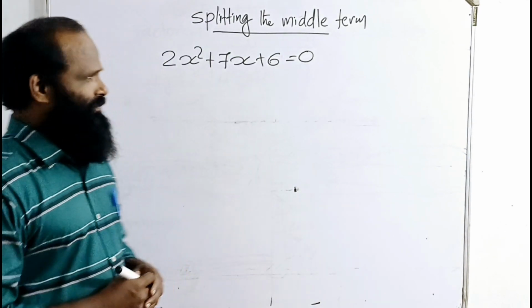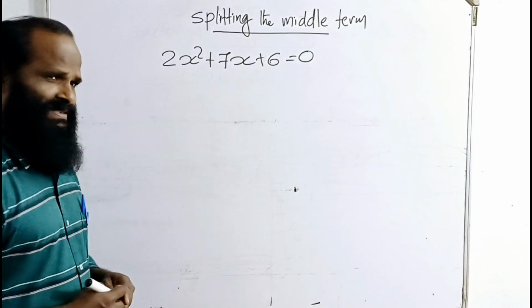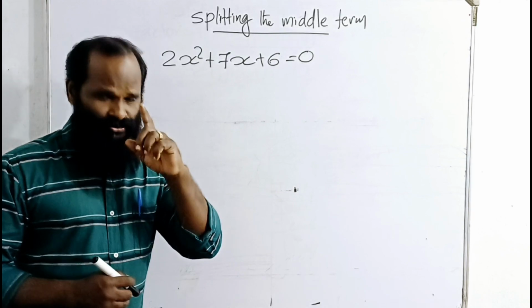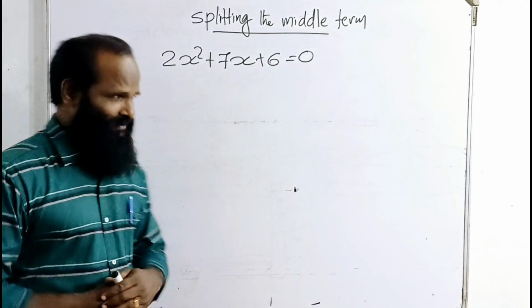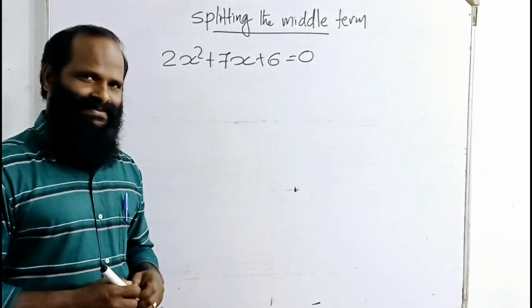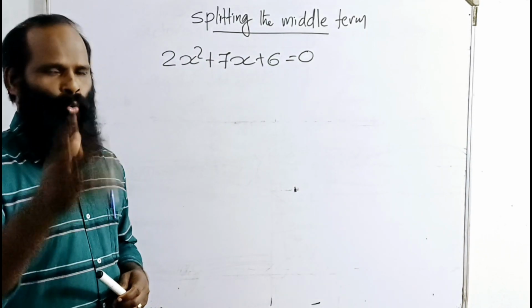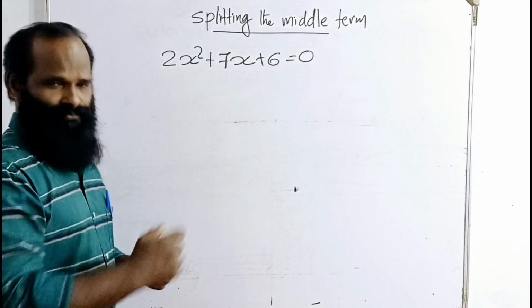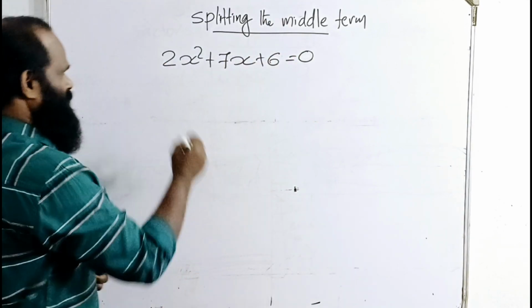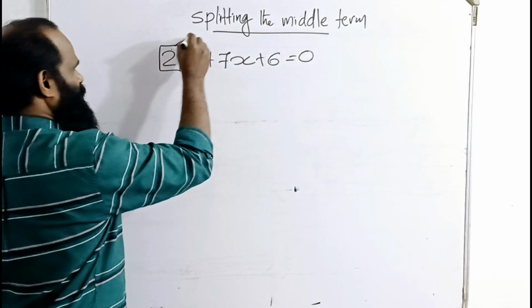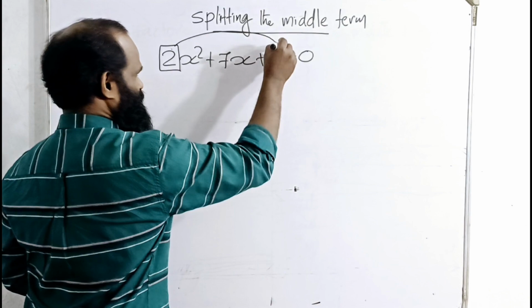Now this question. For this kind of question, what we need to do first is to see the coefficient of x square. The coefficient of x square is 2, a number more than 1. If the coefficient of x square is more than 1, this is how we do: multiply the coefficient of x square with the constant term.